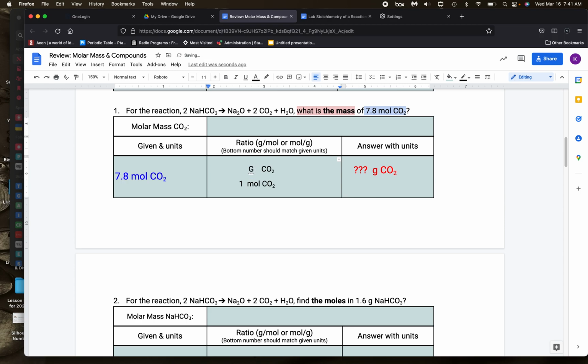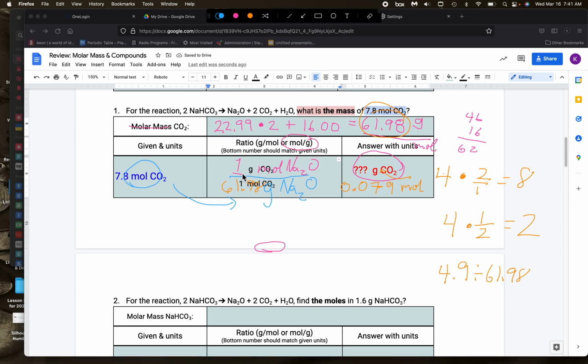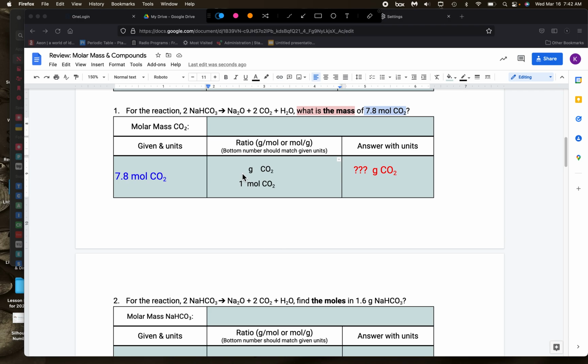Flip back to writing, get rid of all the old writing, find my writing board. This value is going to the bottom, this value is going to the top. That's how we do it.